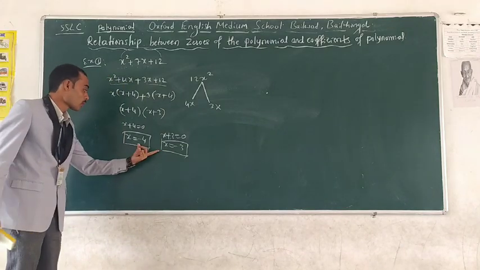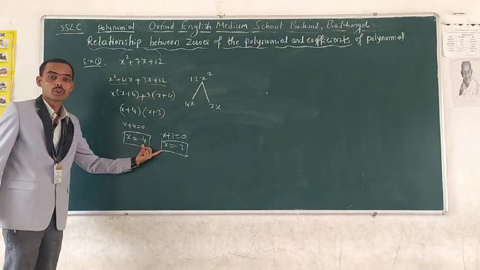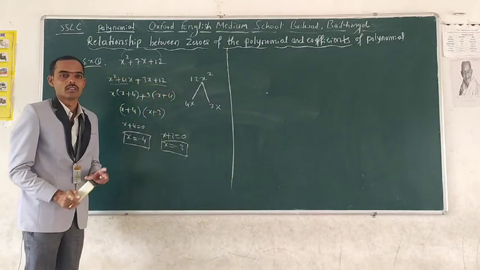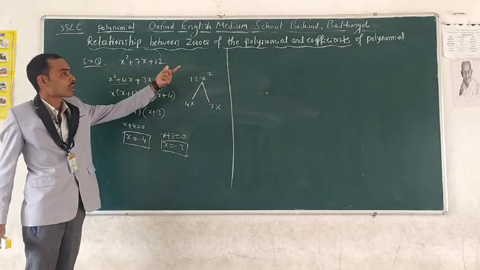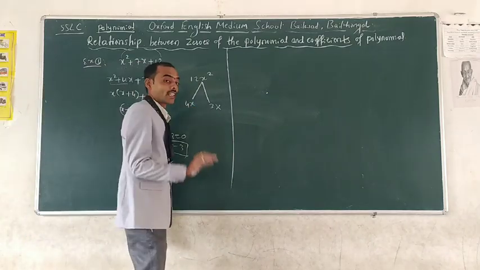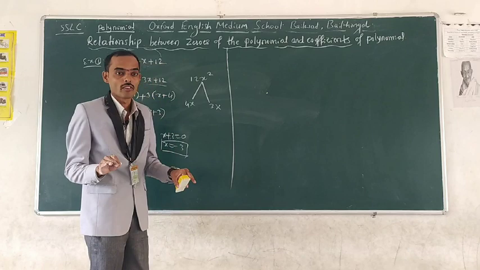How many zeros of the polynomial? There are 2 zeros. The first part is finished. Now we have to relate with the formula. We should get the same result, otherwise our answer will be wrong.